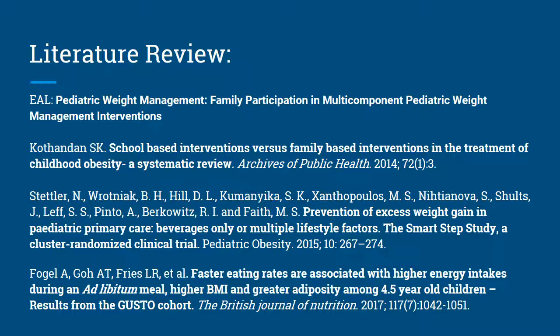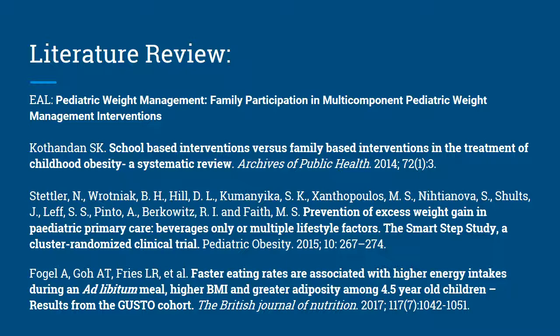For literature review, I looked at 4 articles. From the EAL, I looked at the recommendation for pediatric weight management, family participation in multi-component pediatric weight management interventions. I looked at an article by Coffenden titled School-Based Intervention versus Family-Based Interventions in the Treatment of Childhood Obesity.